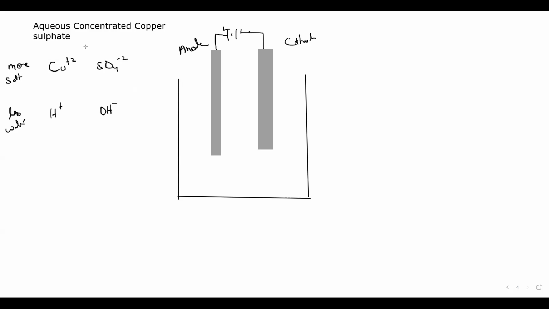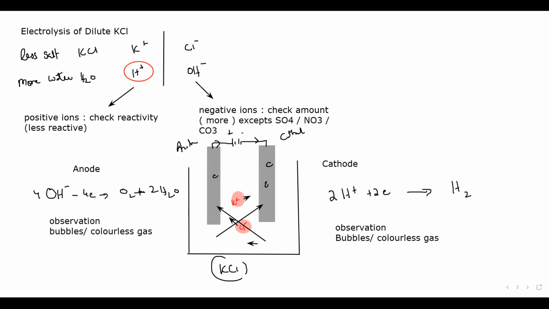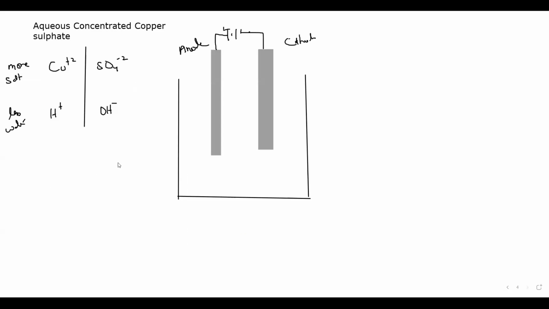For positive ions, we check the reactivity, and for negative ions we check the amount.